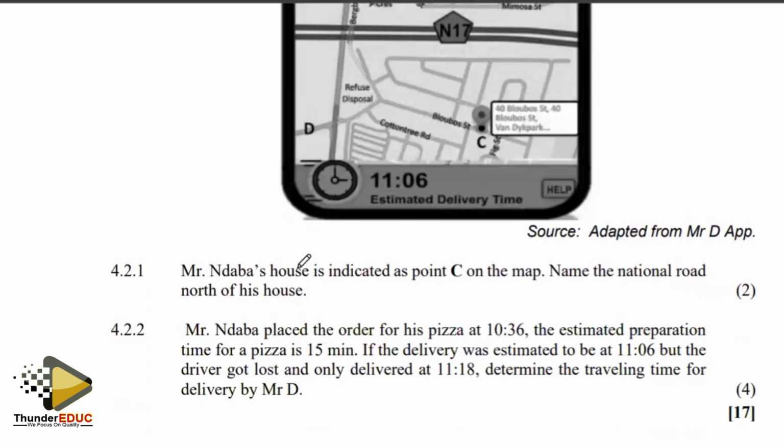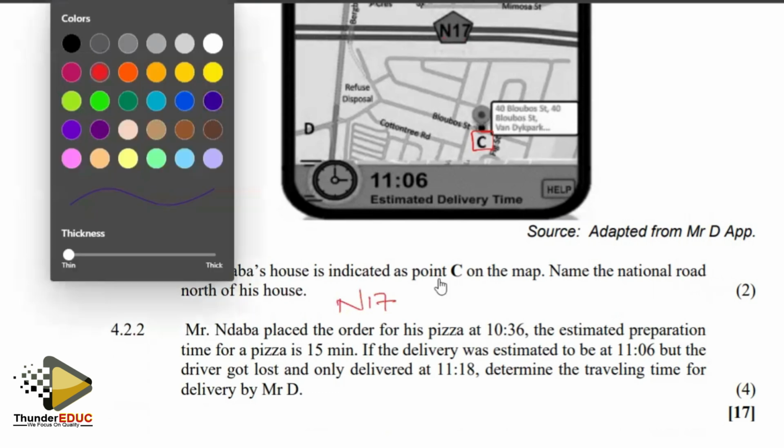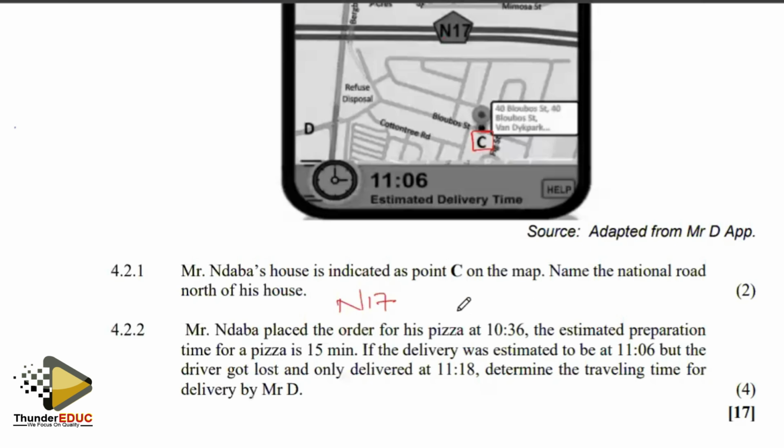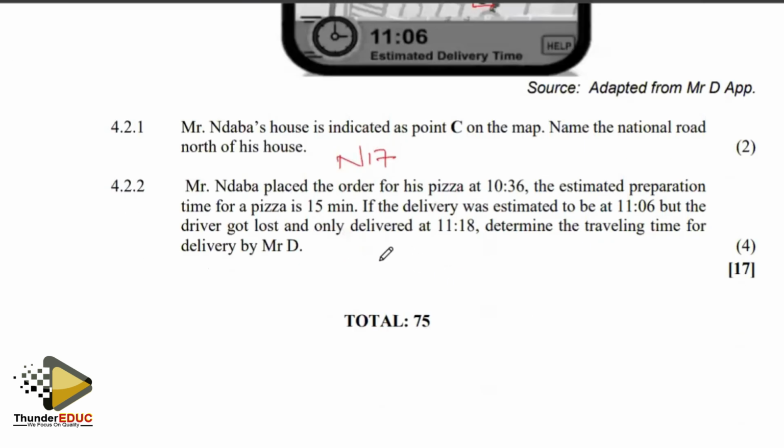Mr. Andava's house is indicated on the map as C. It's this one here. The house is here. Then they are telling, name the national road that's north of the house. National road, N17. So here your answer is supposed to be N17.